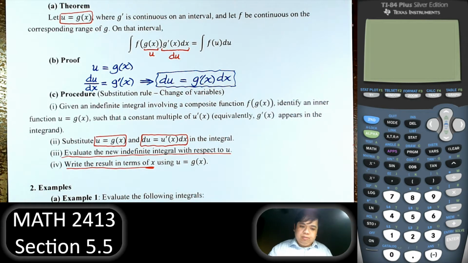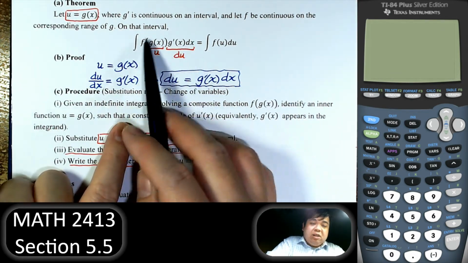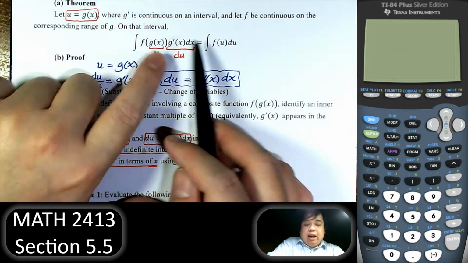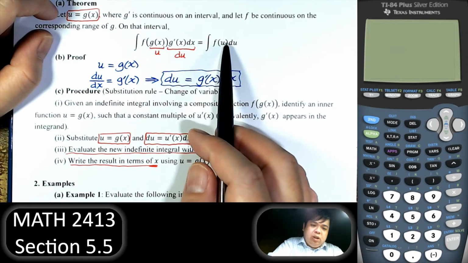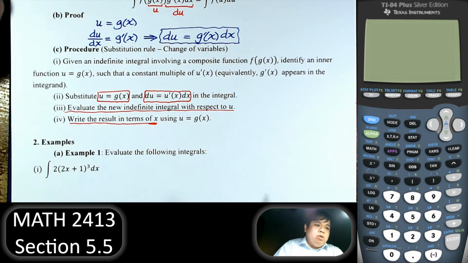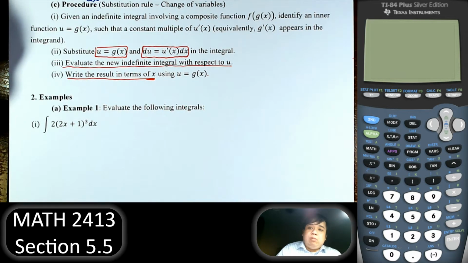From the problem, we write the left hand side, and then we can write that equal to everything in terms of u, and then we integrate. So let's look at the first example. You'll get the idea. Right. So when we look at this, we have to know what the substitution is.